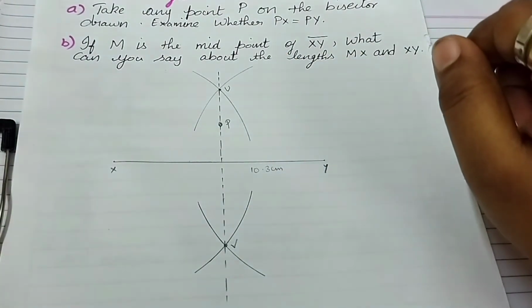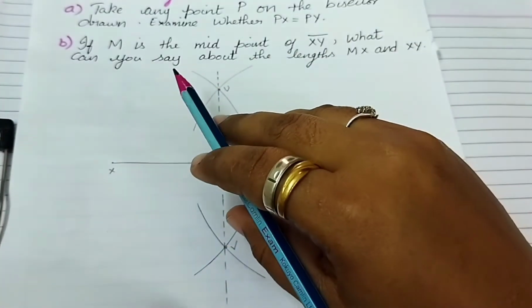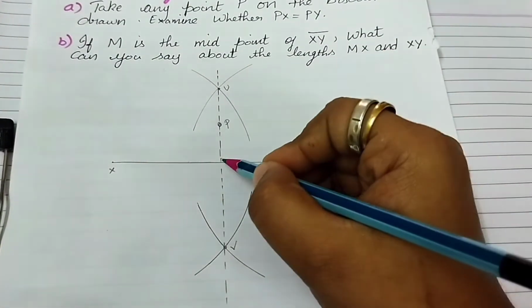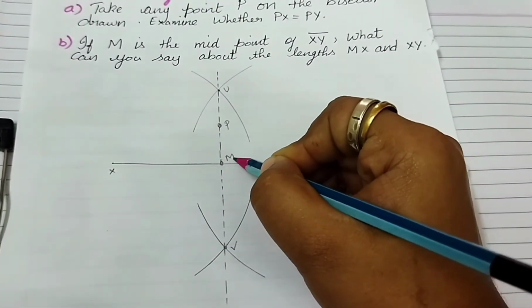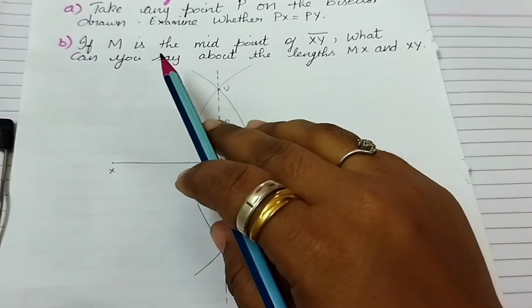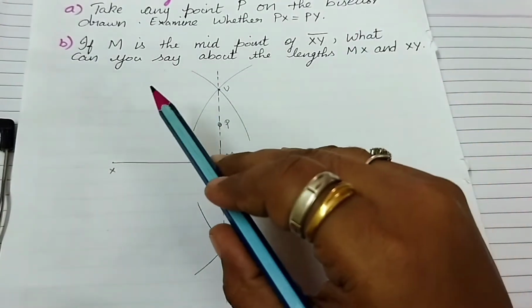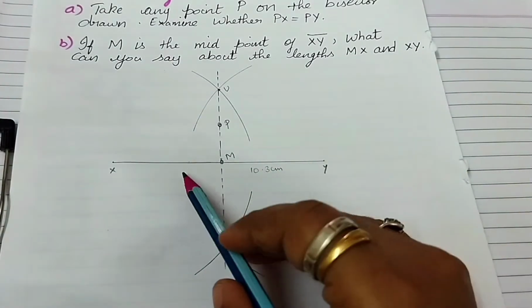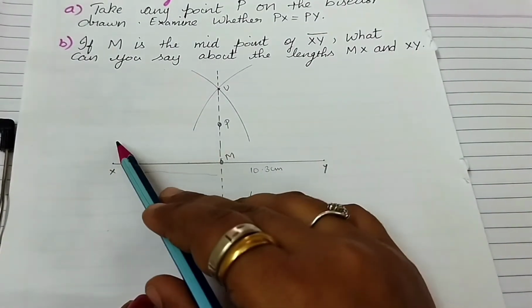Second subdivision, what they asked: if M is the midpoint of line segment XY. So this is your line segment, and this is the point M. This is your midpoint. They asked you to name that as M. What can you say about the lengths MX and XY? This is your MX and this is your XY.